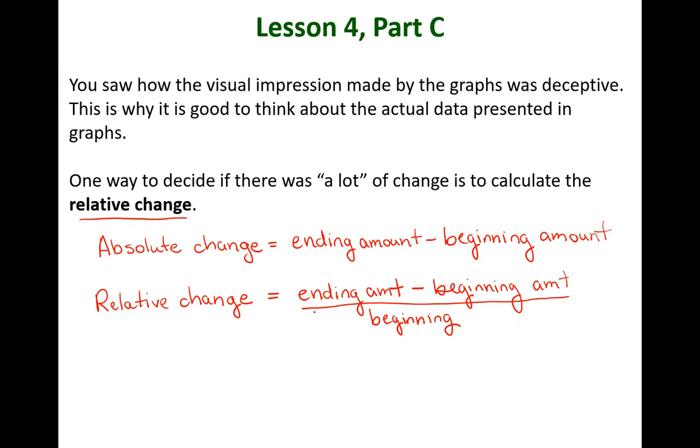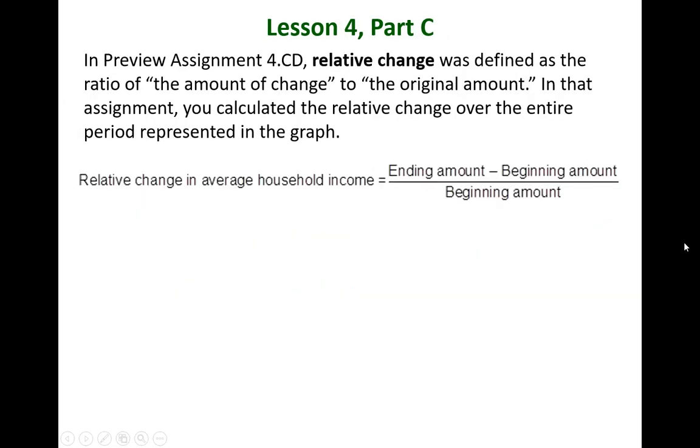And of course, after you get this, it will be a decimal. You can just multiply by 100 and that will make it a percent. Okay. So absolute change just tells you the amount of change. Relative change compares that amount, that absolute change, to the original or beginning amount.